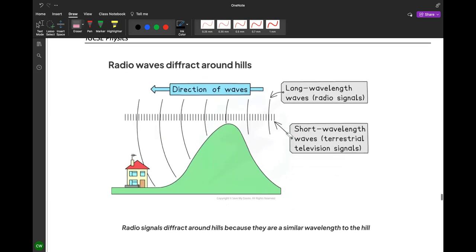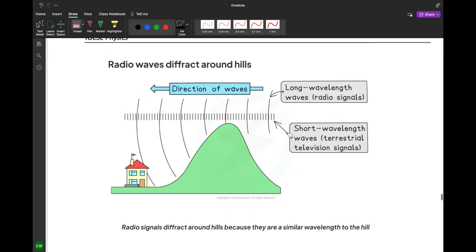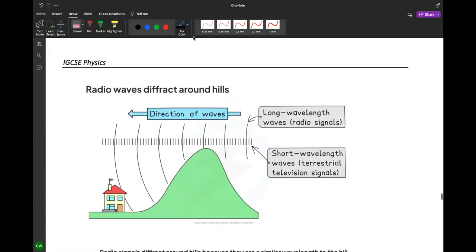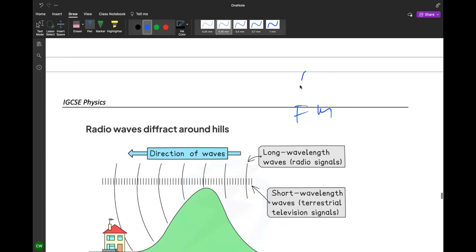So this one is telling you about the radio wave. We have FM and AM. Have you seen this before? Normally we use FM, we don't use AM. What is FM?